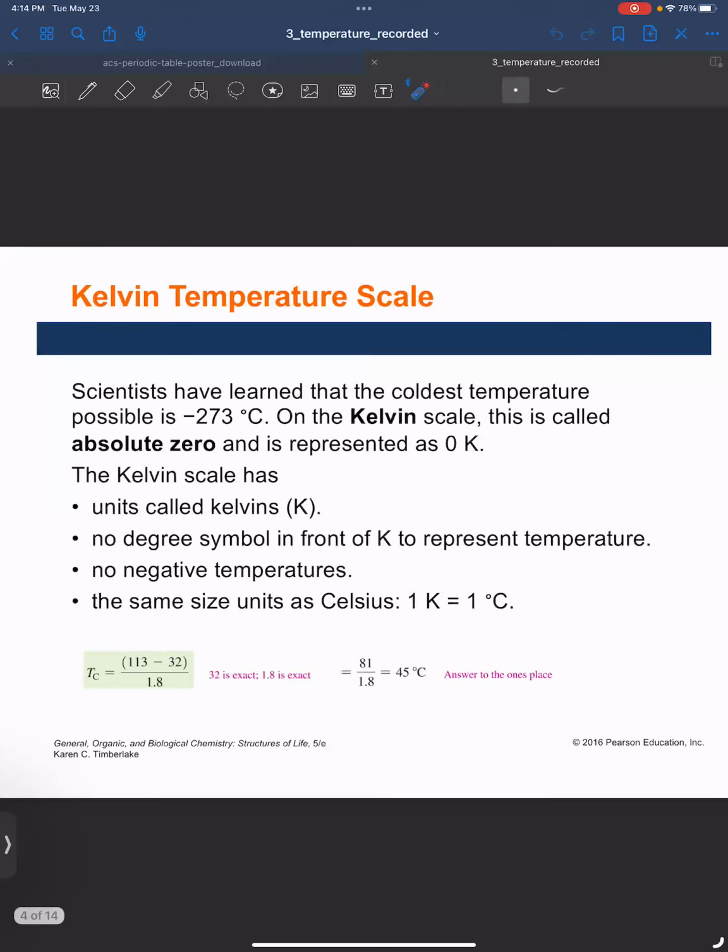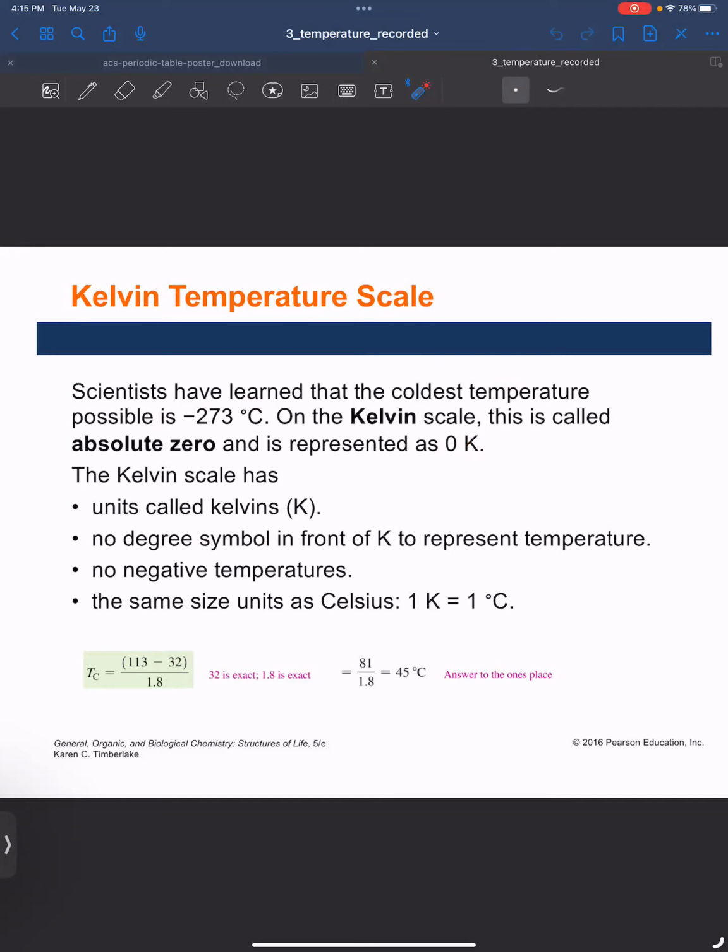Now there's another temperature scale called Kelvin. Scientists have learned that the coldest temperature possible is negative 273 degrees Celsius. On the Kelvin scale, this is called absolute zero and is represented as 0 K. We use the capital letter K for Kelvin, and there's no degree symbol in front of the K to represent temperature.